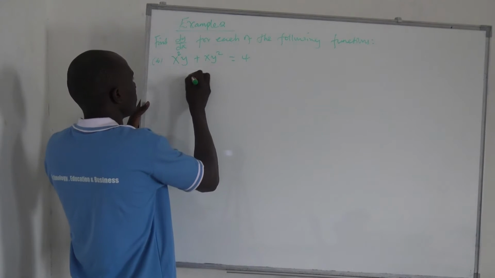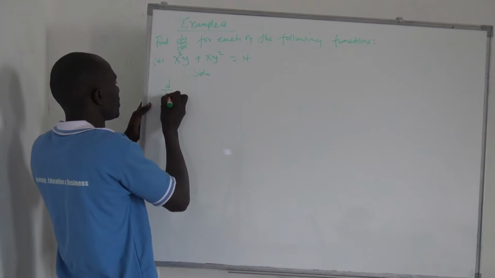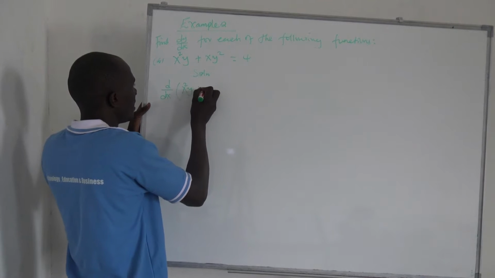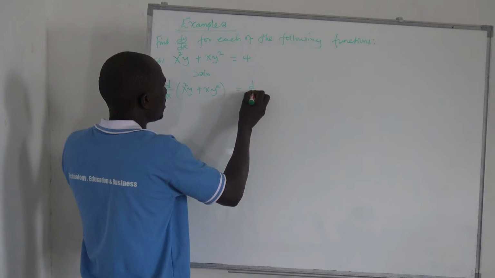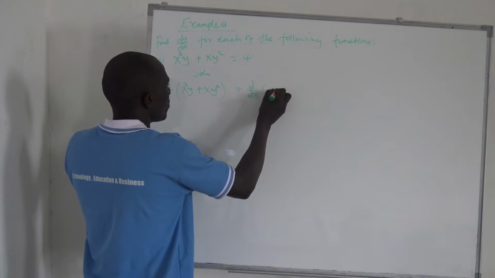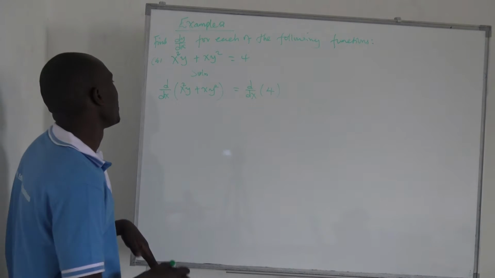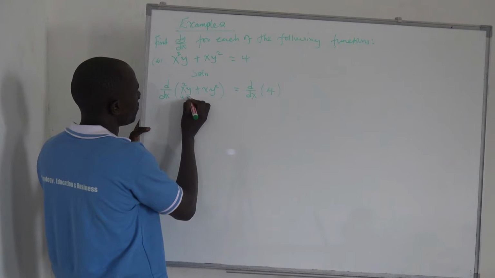So we are going to look at d/dx of x squared y plus x y squared equals d/dx of 4. When we are differentiating such an expression, you can observe this is a u v product.